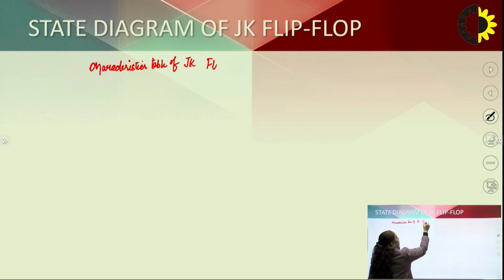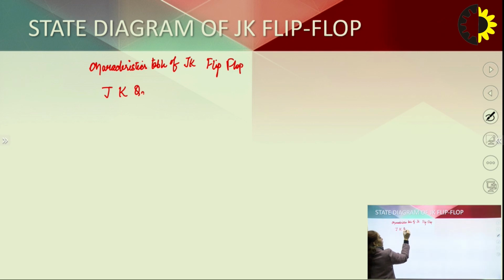Here I am going to explain the state table of JK flip-flop. We know that we have the inputs J, K and the previous output Qn, right? And the next state output is Qn plus 1, right?